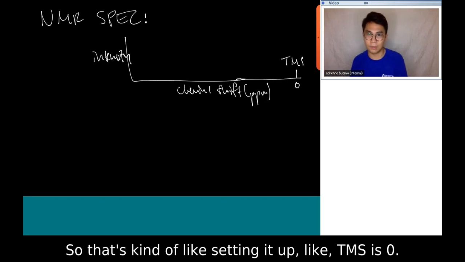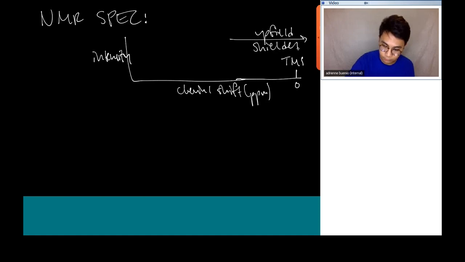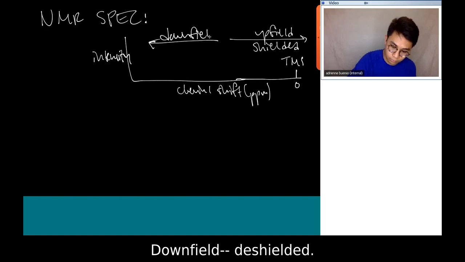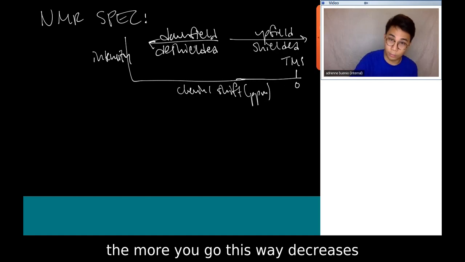So that's like setting it up, TMS is zero. And we know upfield is shielded, downfield is deshielded.